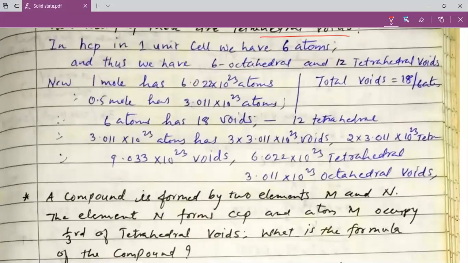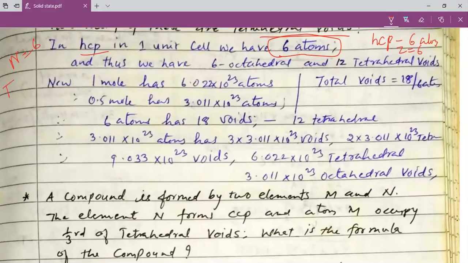Now, please pay attention. In hexagonal close packing, in one unit cell, we have 6 atoms. We are very well aware that we have calculated that in hexagonal close packing, in HCP, one unit cell has got 6 atoms. So your Z is equal to 6. And thus we have 6 octahedral voids because your n is equal to 6.